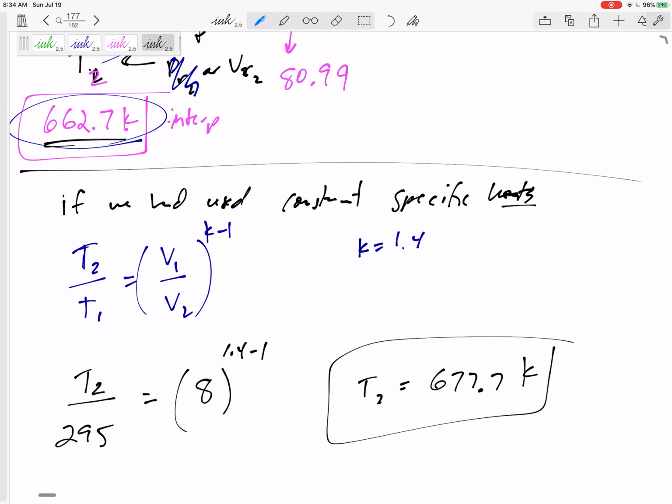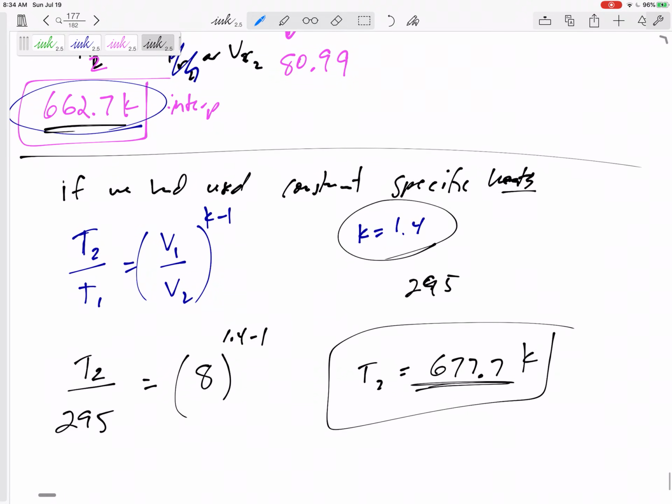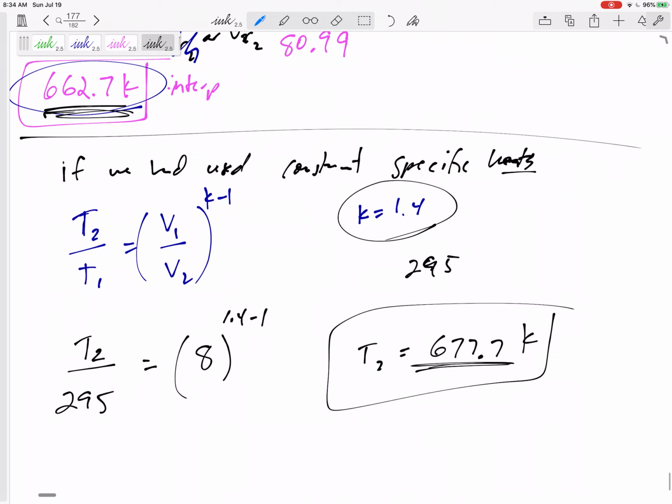A little bit off, but we're in the range, we're in the ballpark. Knowing that it goes up to this high temperature, we could redo this at the K at the average of 295 and 677, and we'd probably get a little bit closer to a better guess for 662. But I don't want you to do this twice.